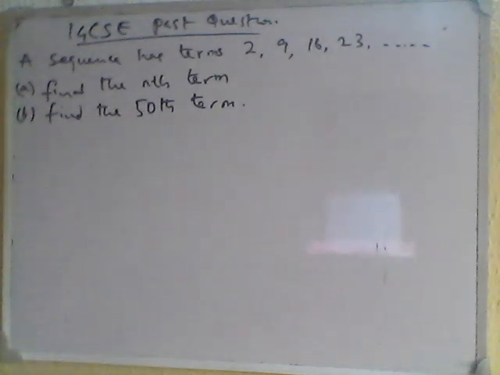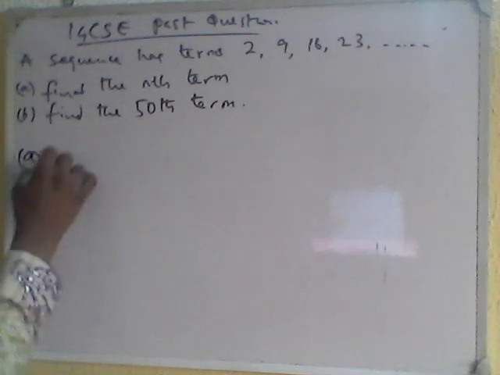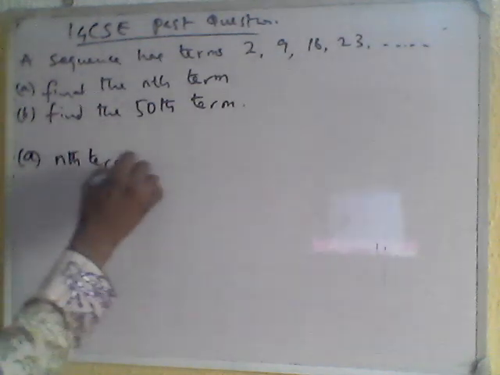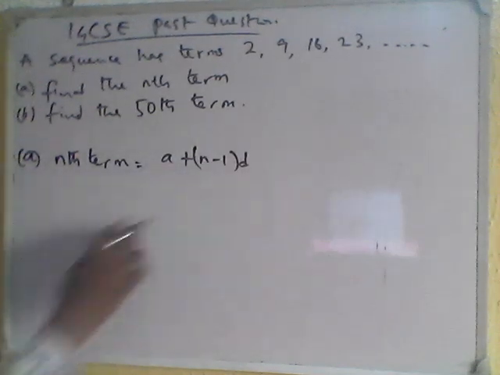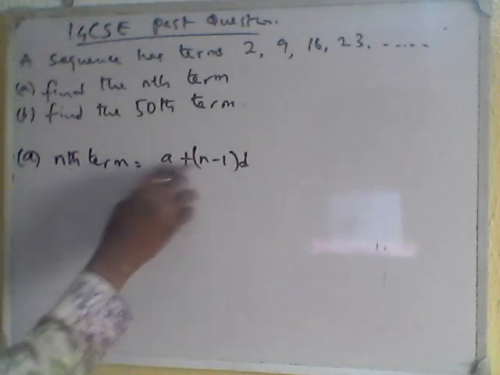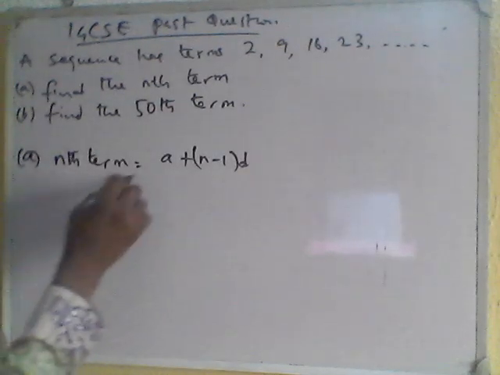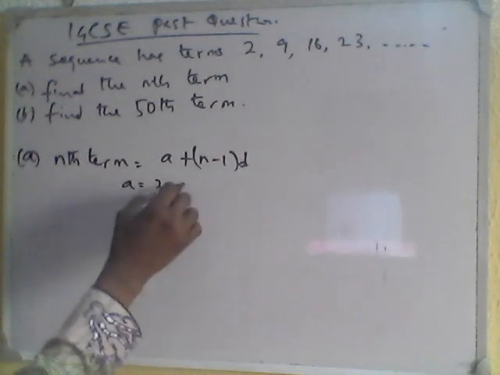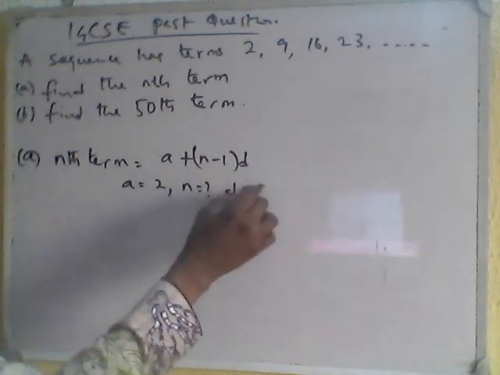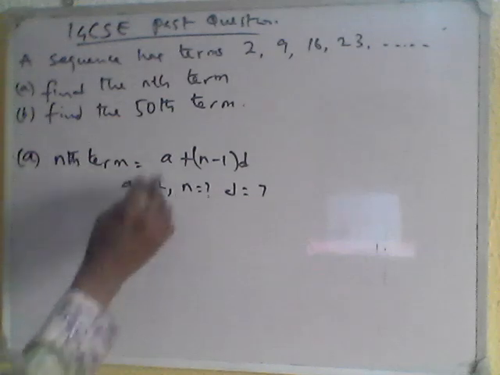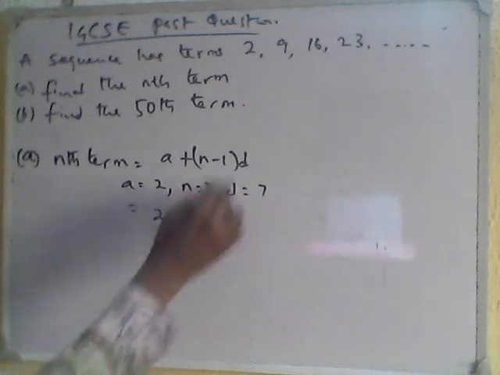So we're going to be looking for the nth term for this. Solution: the nth term is a plus open bracket n minus 1 close bracket, then d. So for this case, a is 2, n is n, and d is 7, right? So we're going to put them in the formula. I have a is 2 plus open bracket n minus 1, then d is 7.